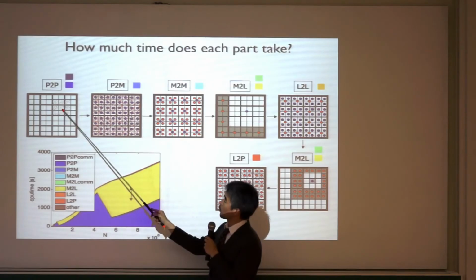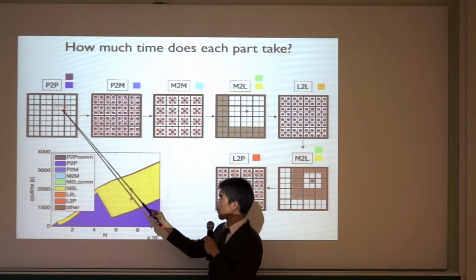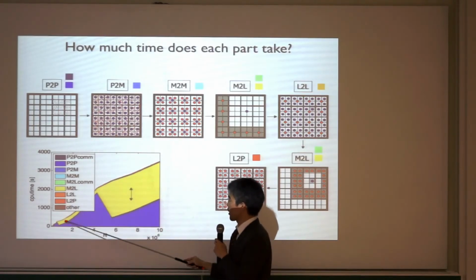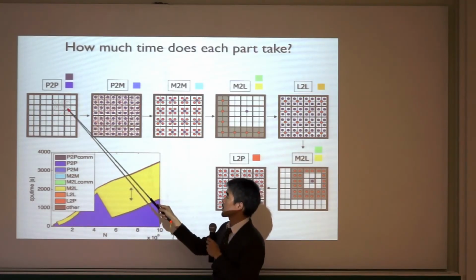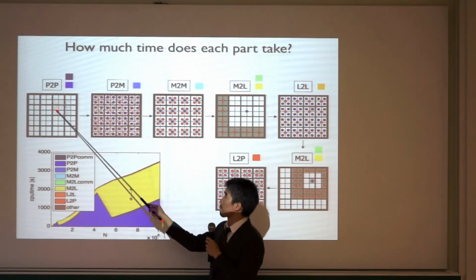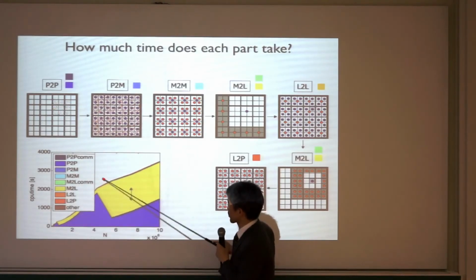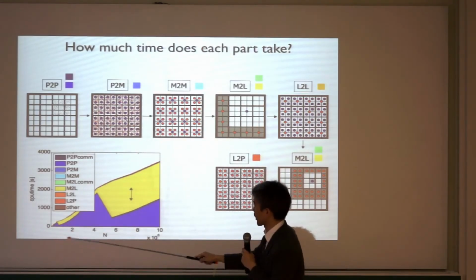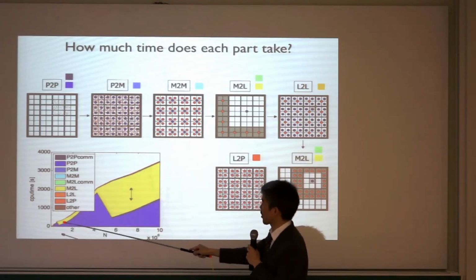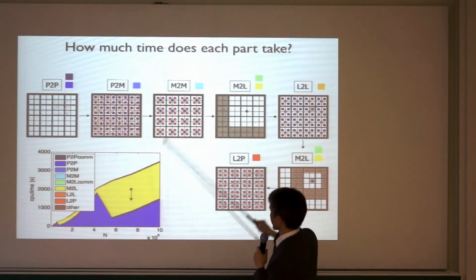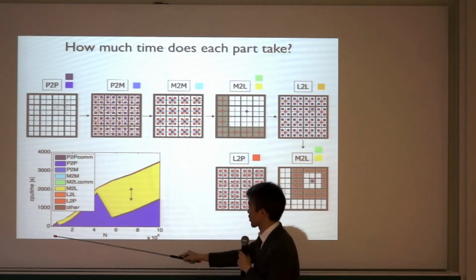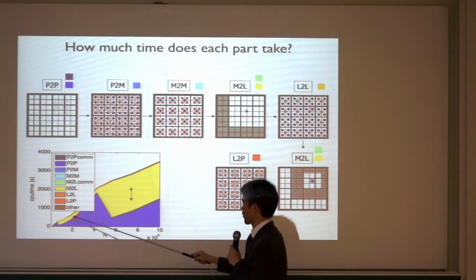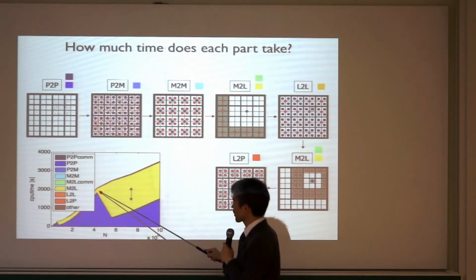So when the number of particles per leaf box grows, then this calculation, since it's an n squared calculation, grows as n squared. So you see this will form a parabolic line, like if you draw a y equals x squared line, that's what it would look like. Because it's growing as n squared, it will keep growing quadratically.